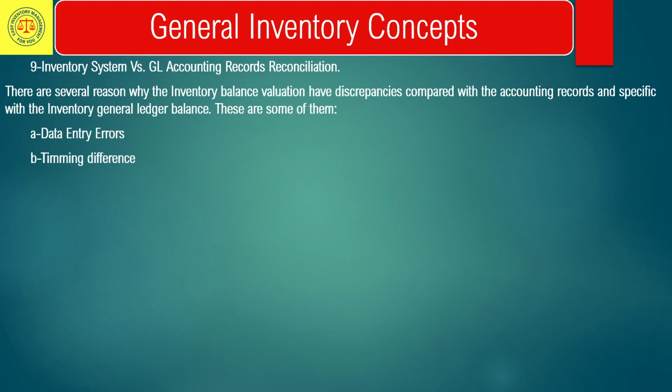Timing difference, very common this situation. Inventory system just puts it in the following month that's supposed to be, because they cannot redate the date in that system. It's a very strict system, so they have to put it in the first day of the following month.